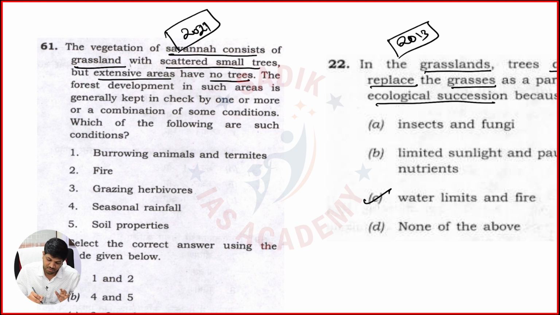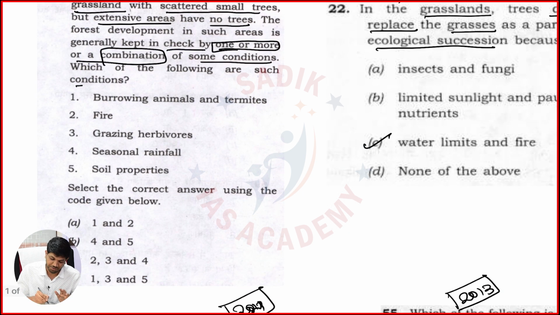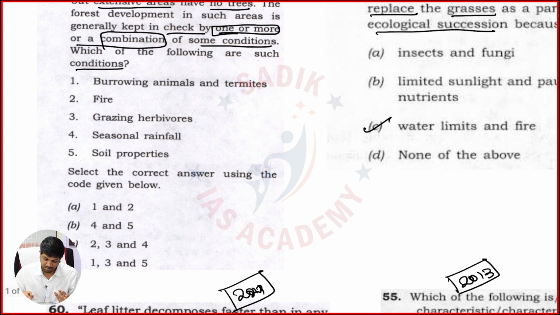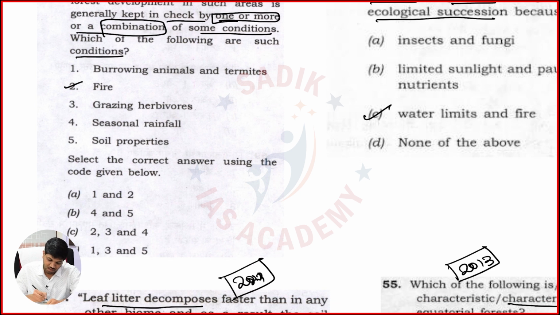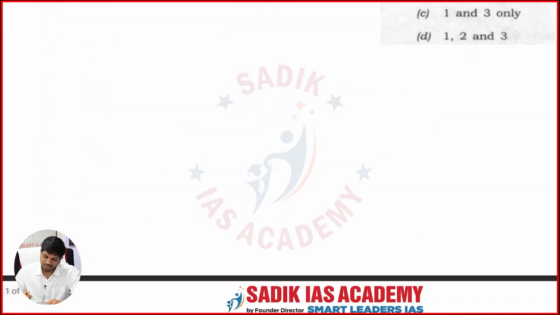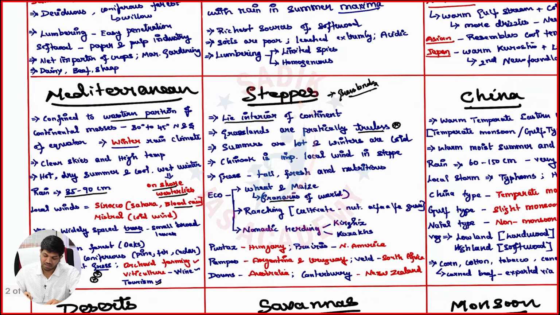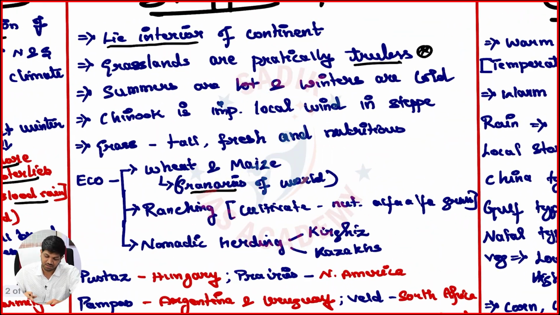The forest development in such areas is generally kept in check by one or a combination of some conditions. Which of the following are such conditions? It is nothing but fire, grazing herbivores, and seasonal rainfall. C is the answer. So, because of this combination of factors, they are practically treeless.